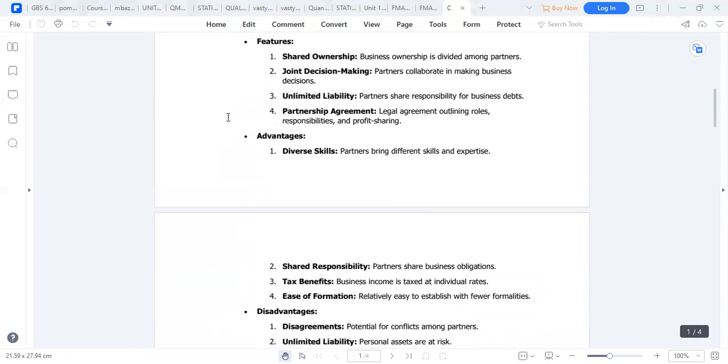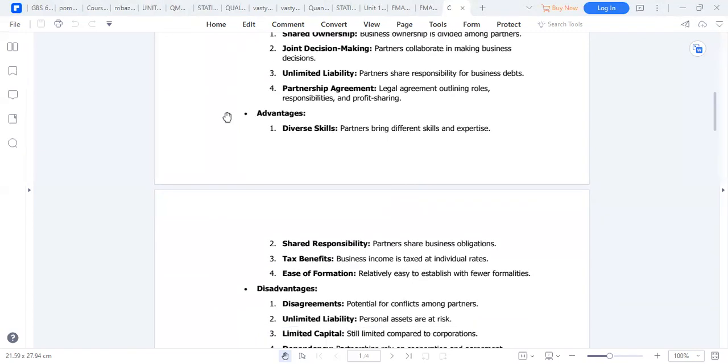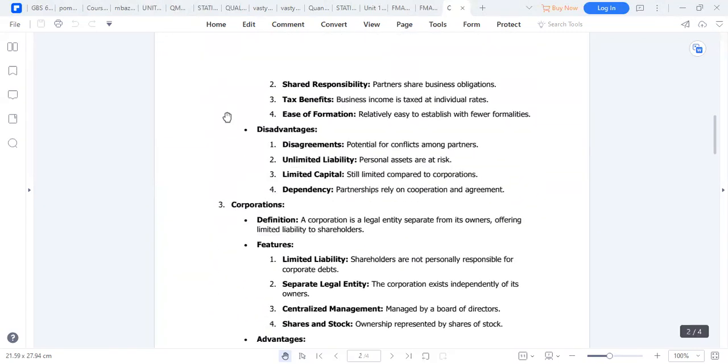The advantages are diversity of skills, meaning people bring to the table their skills and their money, there's easy information sharing, and tax burdens are shared. In terms of disadvantages, there could be disagreements between the partners that may affect the overall running of the business.